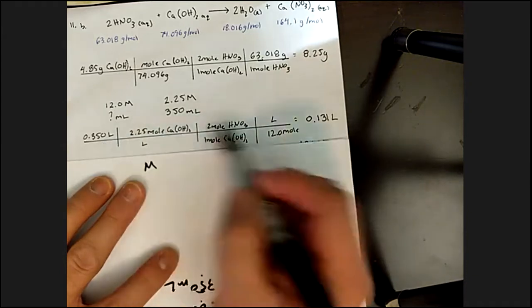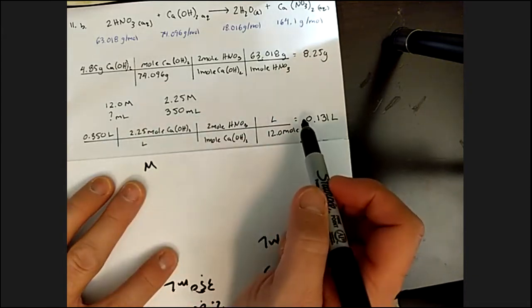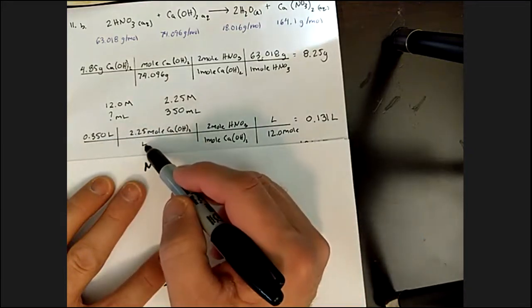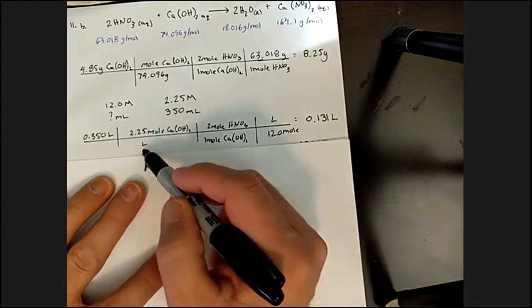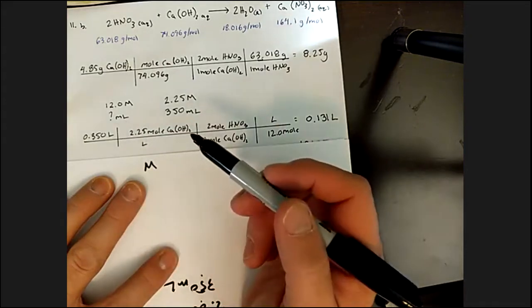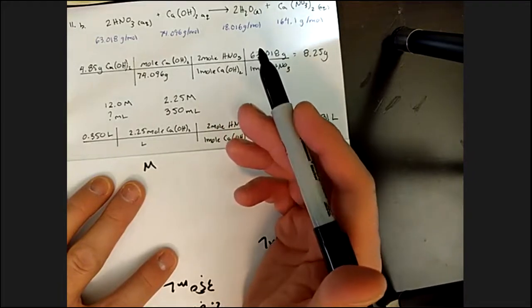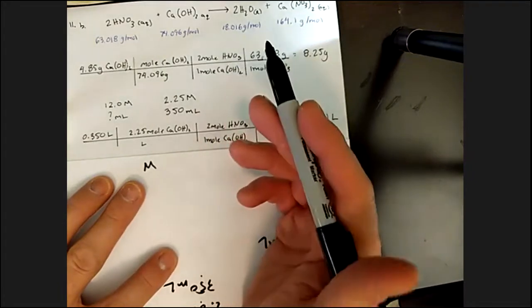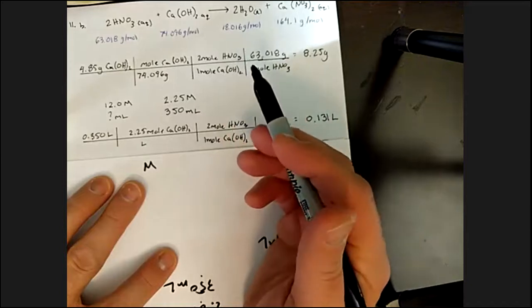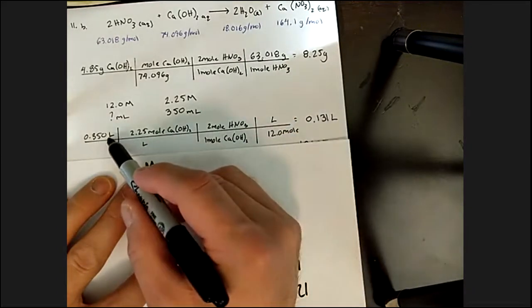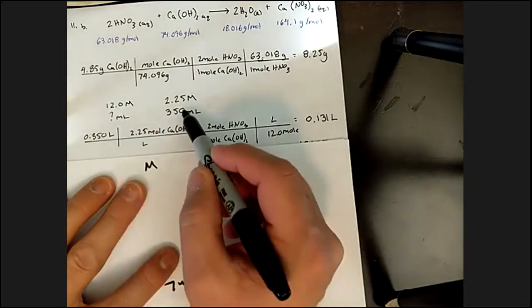So when we're doing the long method, you do have to convert this to liters because we want the liter units to cancel out here. When we're using M1V1 equals M2V2 or MAVA equals MBVB, it doesn't matter in that shorthand equation, but if we're doing out the stoichiometry, you need to move this to liters. So I start from the liters.